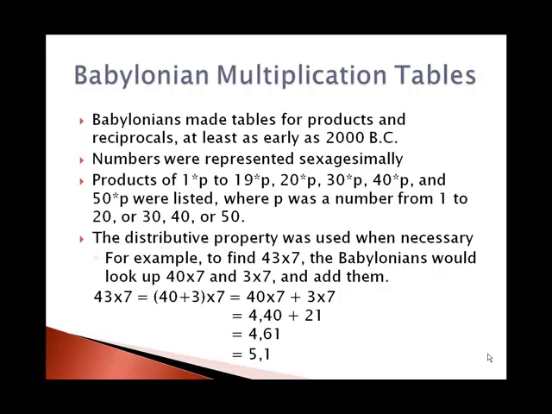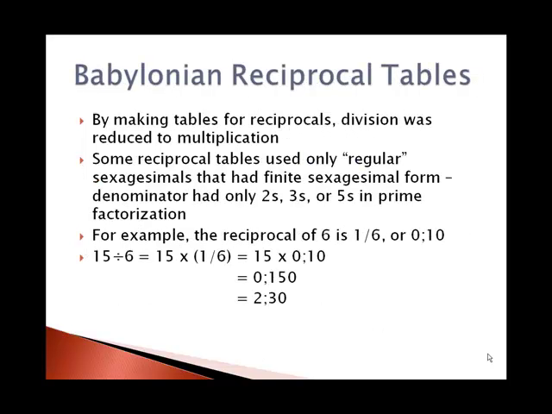Babylonians used reciprocals to divide, and so rather than divide by 6, they would multiply by 1/6. Some reciprocal tables that they had used only what I'll call regular sexagesimals that had finite sexagesimal form. They probably didn't deal with the repeating sexagesimals. So usually those were denominators with factors of 2, 3, or 5 in the prime factorization.